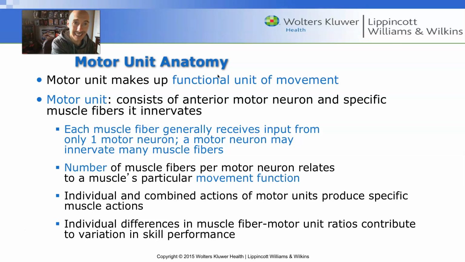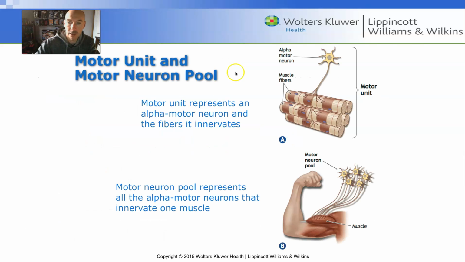We have a lot of different types of motor units, as we'll see shortly. However, motor unit types are related to muscle fiber types, as we'll see in just a second. Okay, so this is a good picture of a motor unit, right? One nerve, the alpha motor neuron, and all the fibers that it touches.